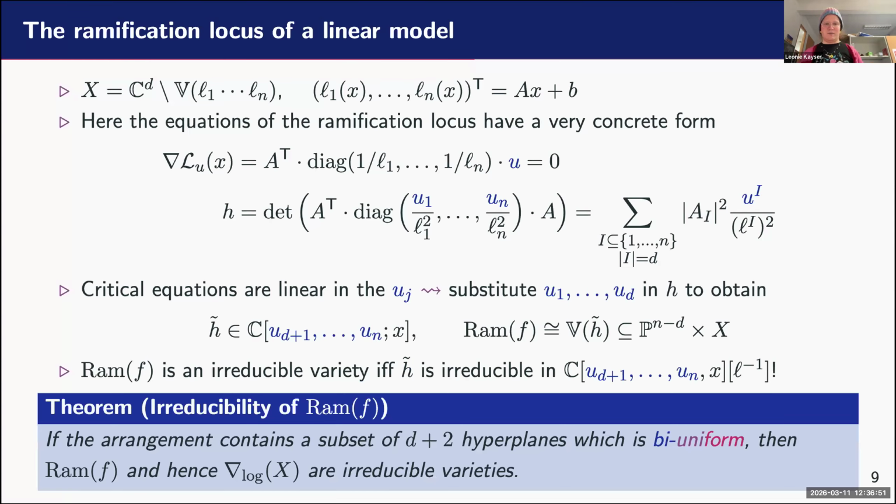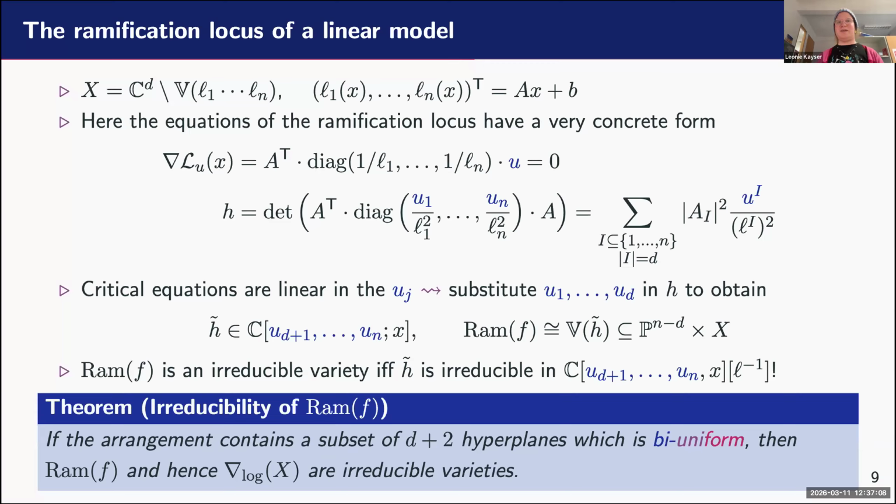But using this, we got to our first result, saying that if the arrangement contains a smaller arrangement of d plus 2 hyperplanes, which is biuniform, so all the matroids involved are uniform, then this goes through.